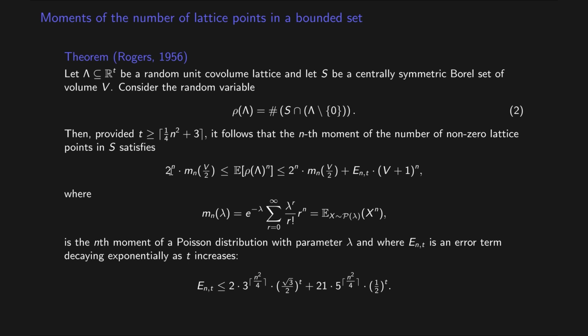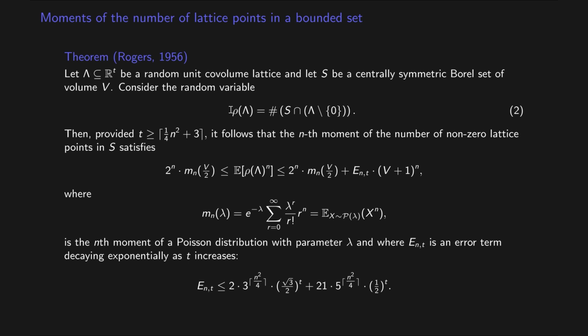So if we fix a centrally symmetric body in t-dimensional Euclidean space, and we consider random lattices without any additional structure in it, the number we are studying is the number of lattice points inside of this centrally symmetric body. So the question is, how is this random variable distributed?